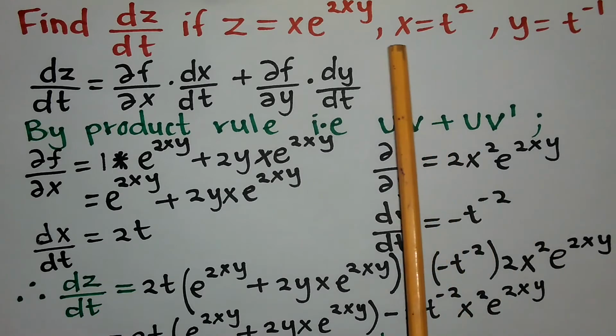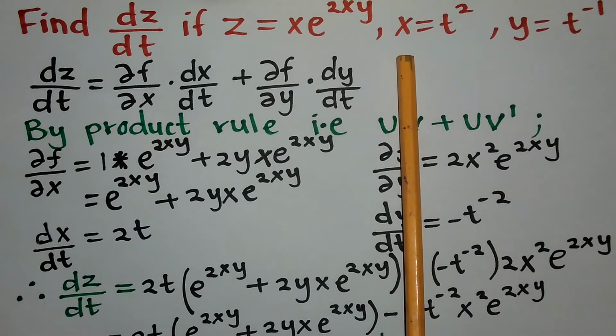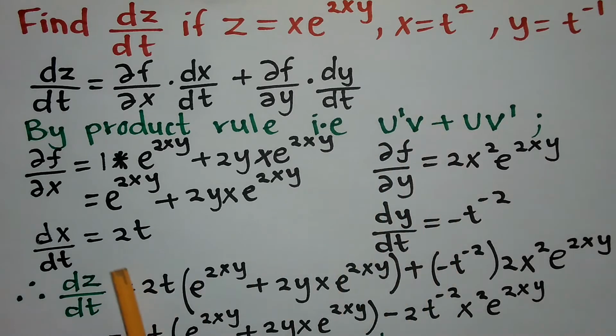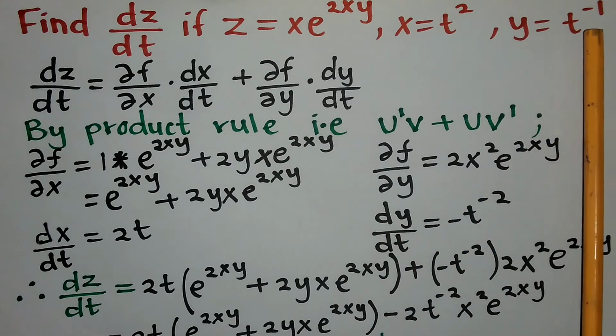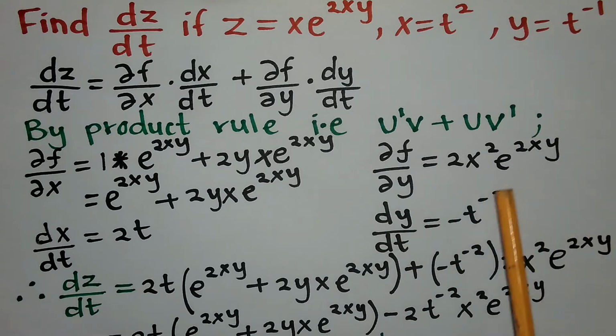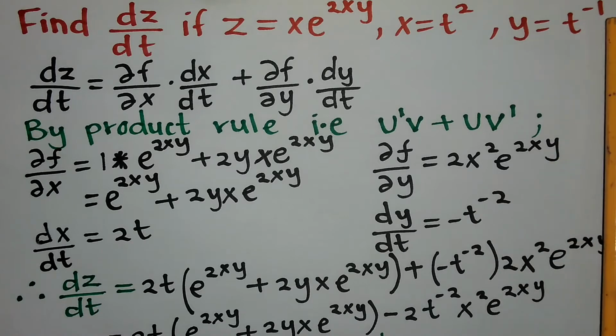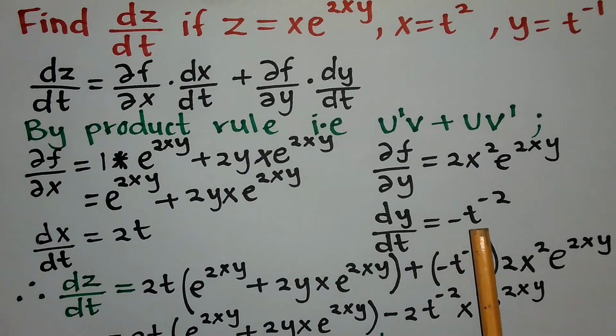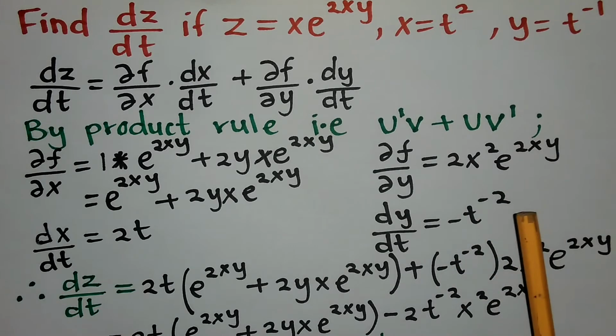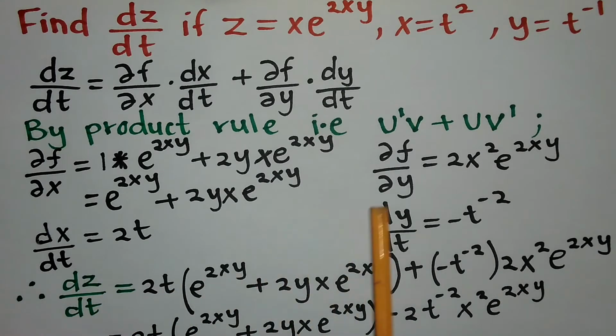I then find the derivative of x with respect to t, that will give me 2t. The derivative of y with respect to t will give me negative 1 minus 1 will be negative 2. Then I multiply this negative with the coefficient, so I'll have negative 2t raised to power negative 2.